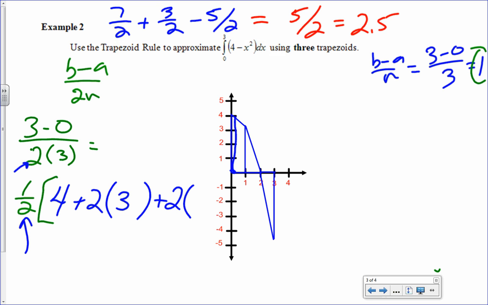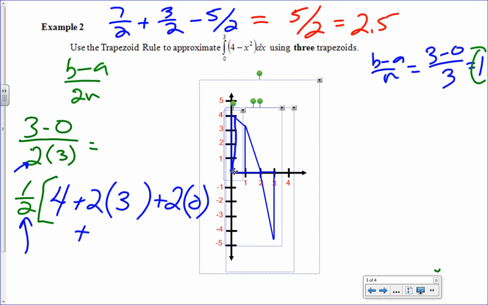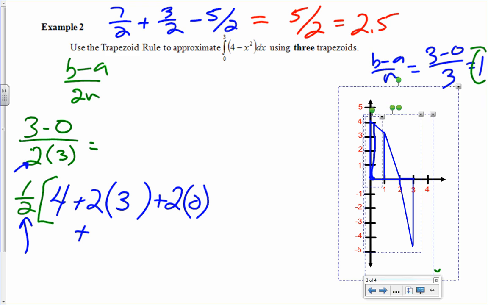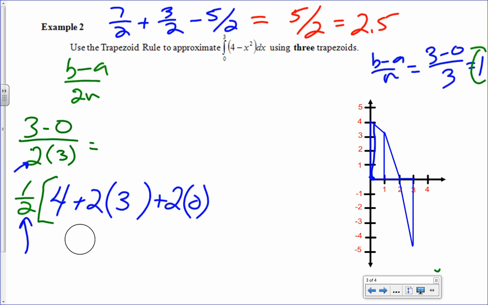I'm running out of room, I apologize. Plus I wonder if I can just move the whole thing. Think I can? No. Yes. Plus.